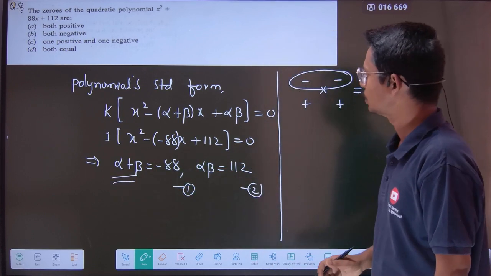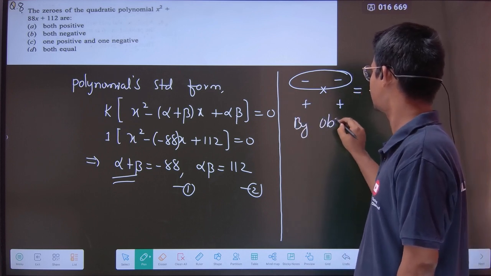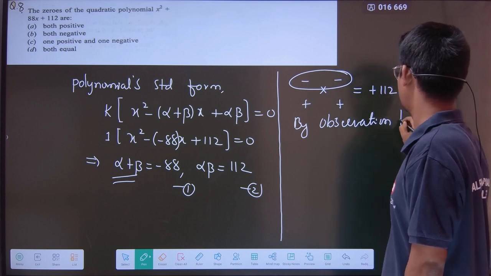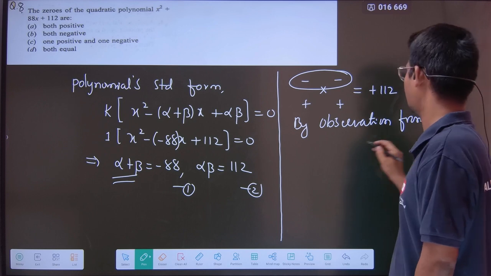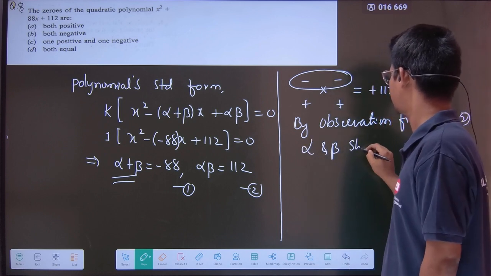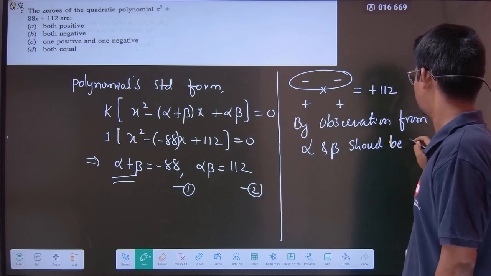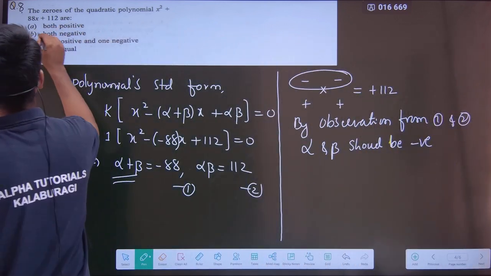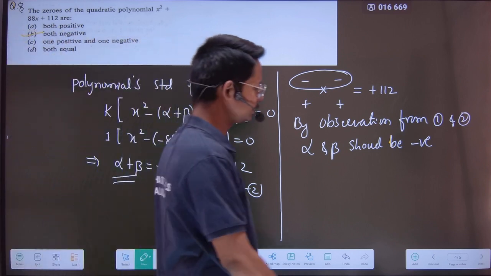So by observation from 1 and 2, alpha and beta should be negative, both should be negative. It is option B.